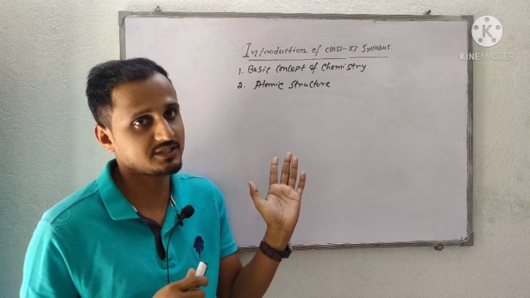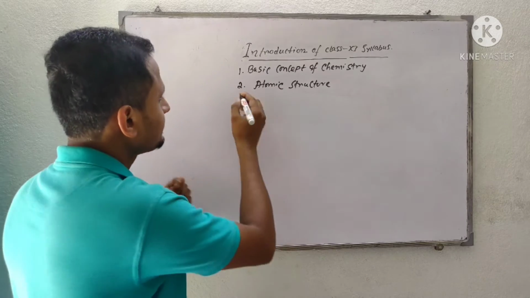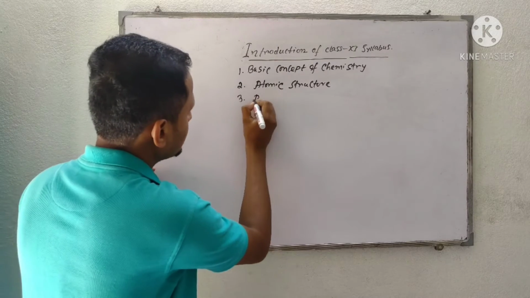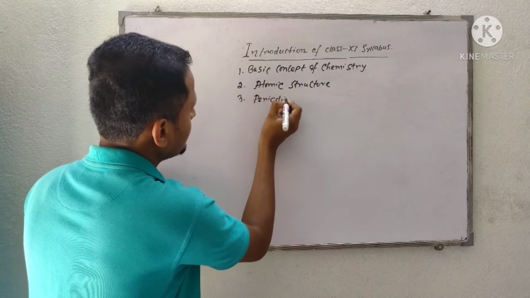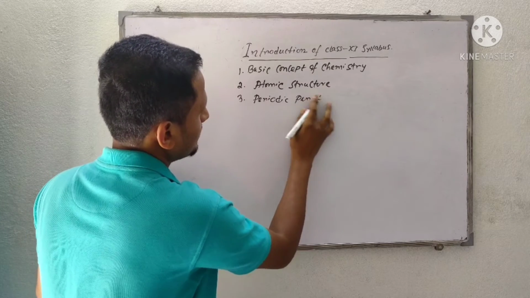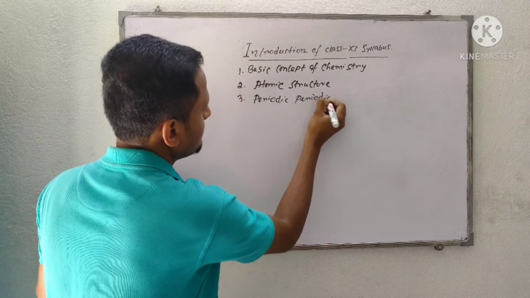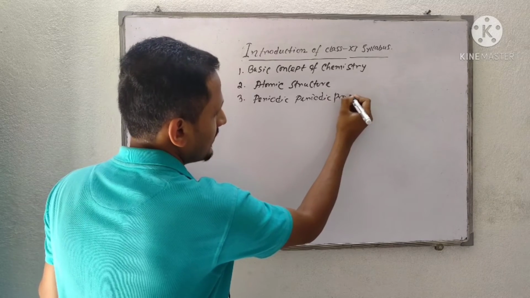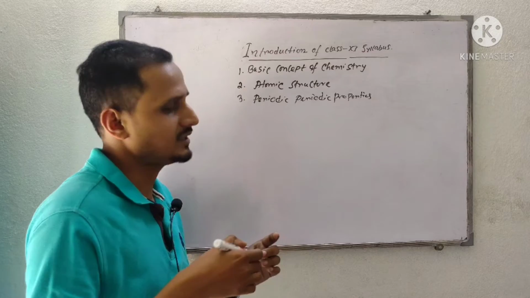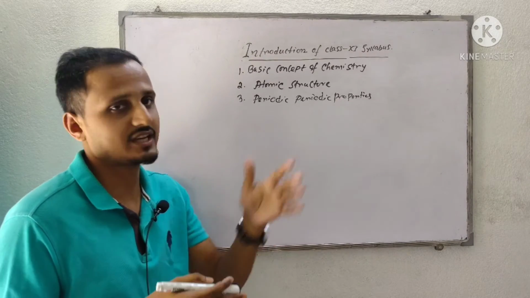So a very important chapter. Number 3 is periodic properties. Now first of all I am writing it like this. After that I will classify these into inorganic, organic and physical.